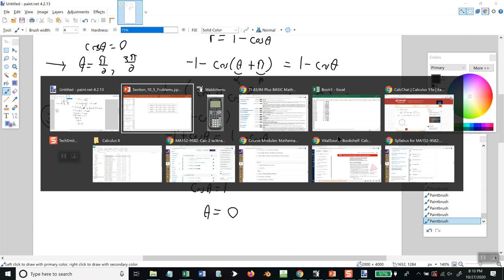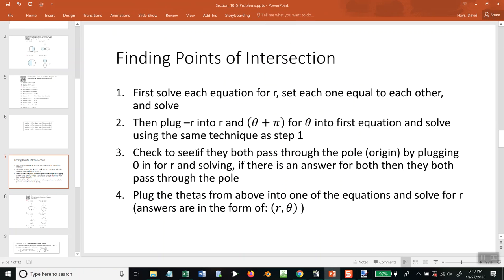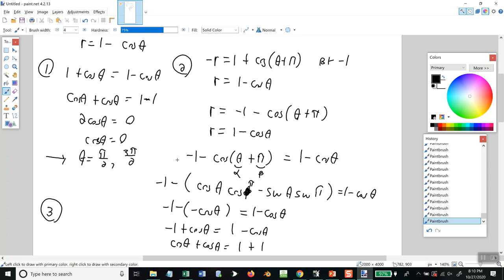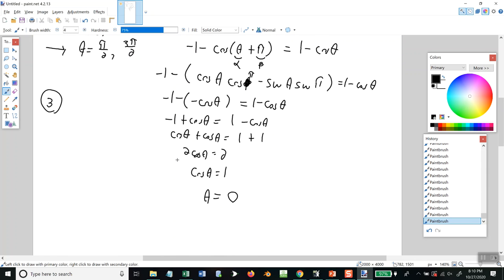Now the last technique we have to use to find theta, check to see if they both pass through the pole, which is the origin, by plugging 0 in for r and solving. If there's an answer for both, then they both pass through the pole. So I'm going to go to my equations. 1 plus cosine theta, 1 minus cosine theta. It's at r equals 0.